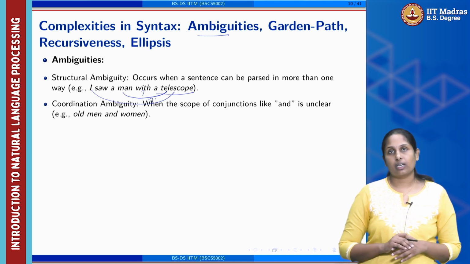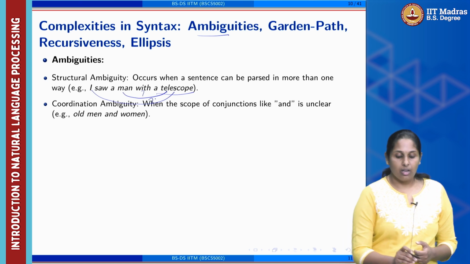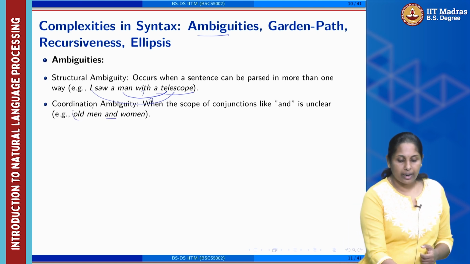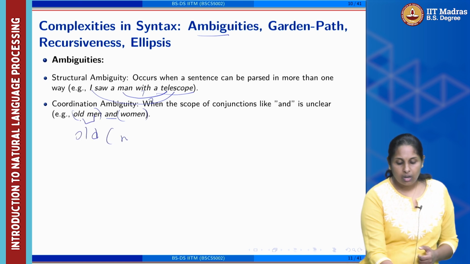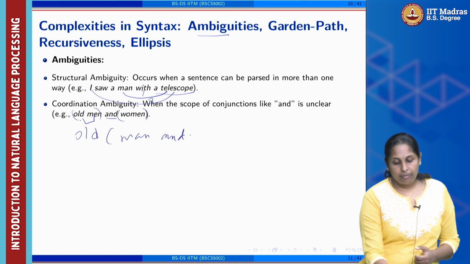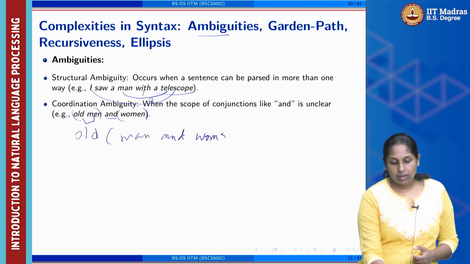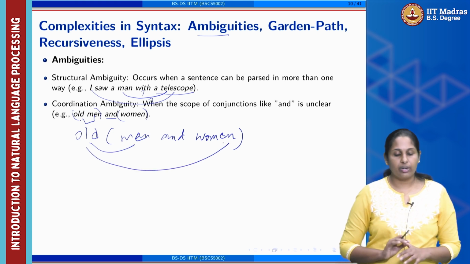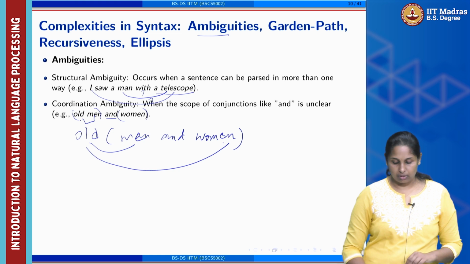Coordination ambiguity occurs when there are coordinators, for example, a coordinator like and, as in old men and women. Now does this old apply only to men, or we have something like old men and women where old can be jointly used with both men and women, right? So this kind of coordination ambiguity occurs in languages.